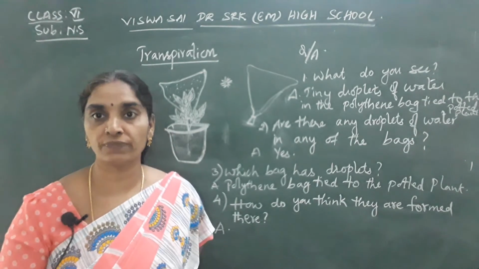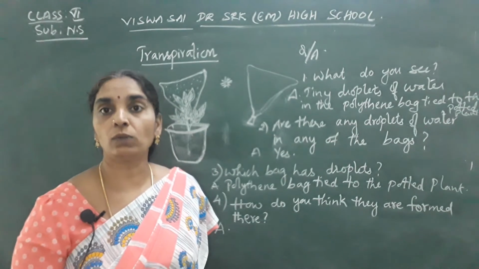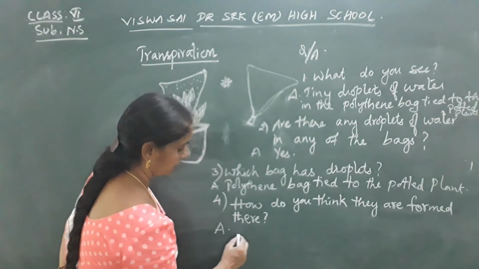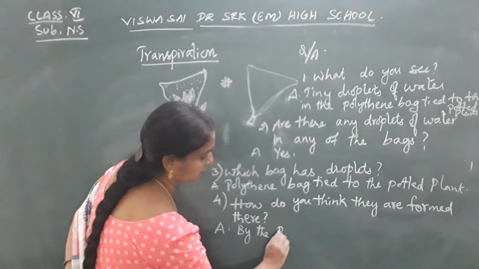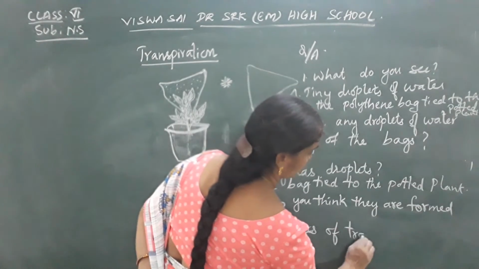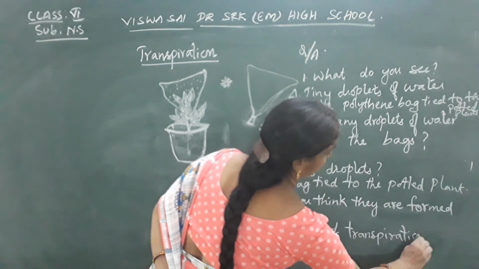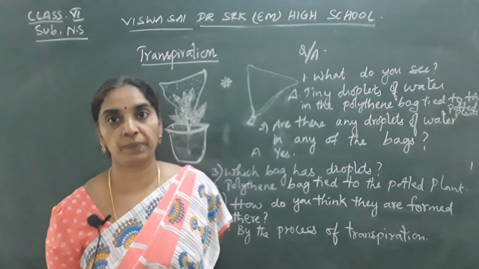It is the function of the stomata present in the leaves to expel the excess water in the plant. So excess water is expelled out by the process of transpiration. How are they formed? They are formed by the process of transpiration.